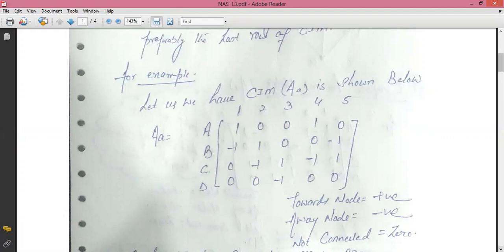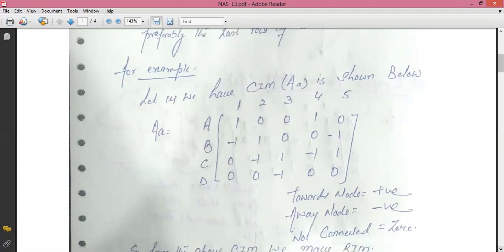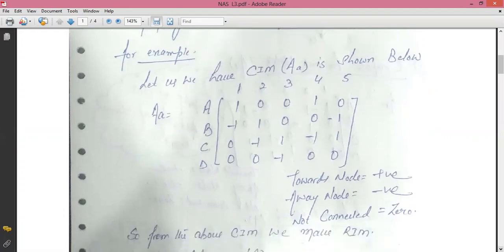Here we have towards the node positive, away from the node negative, and not connected is equal to 0. There is one of the most important properties of the CIM: if you add any of the columns, the resultant is equal to 0. If you apply that property in this particular matrix, your resultant will be equal to 0. That means this is the CIM.